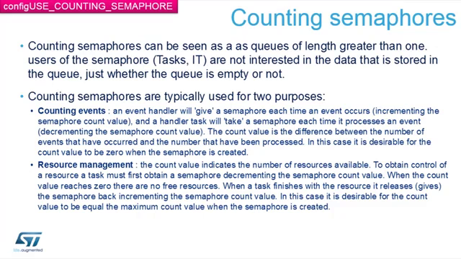Another thing is, if you, for example, allocate different UARTs for communication or blocks of memory, so the counting semaphore can help you to limit the number of resources up to a given amount and not more.